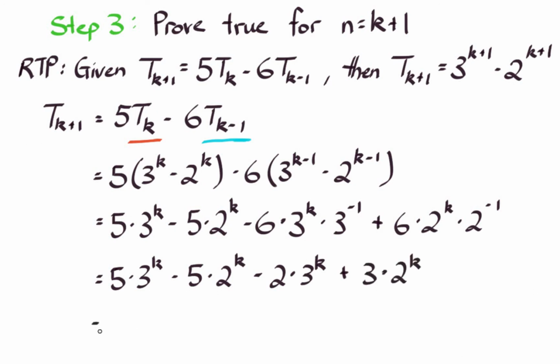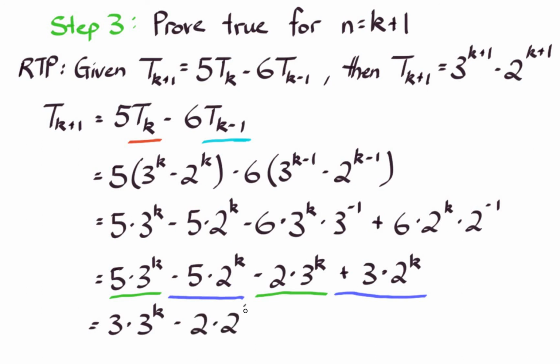And now we can collect like terms. We can focus on the 5 lots of 3 to the k minus the 2 lots of 3 to the k, and we can also focus on the negative 5 lots of 2 to the k plus 3 lots of 2 to the k. So 5 take away 2, that is 3 lots of 3 to the k, and negative 5 plus 3, that is minus 2 lots of 2 to the k.